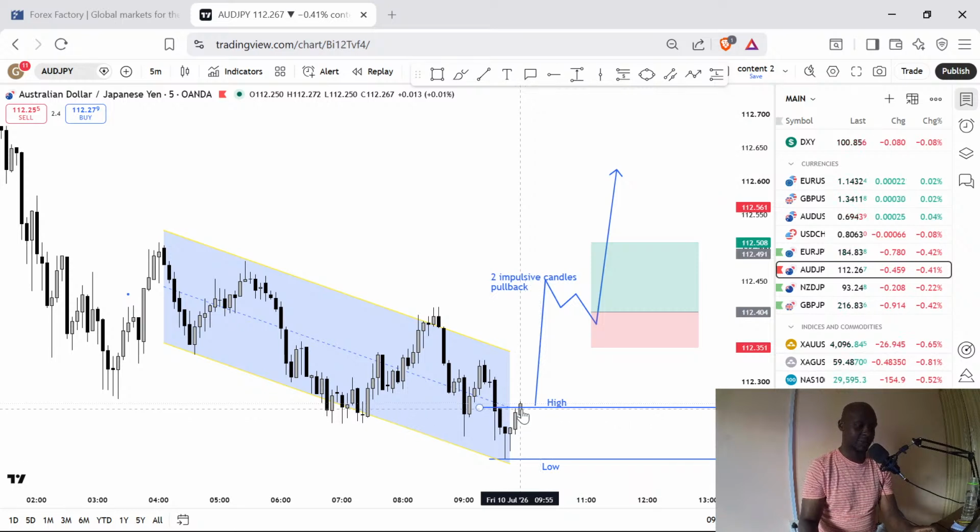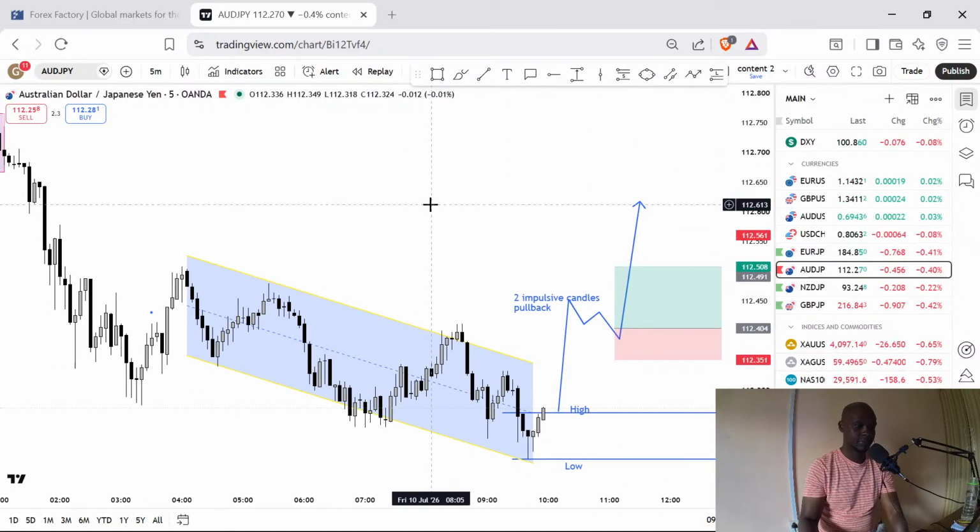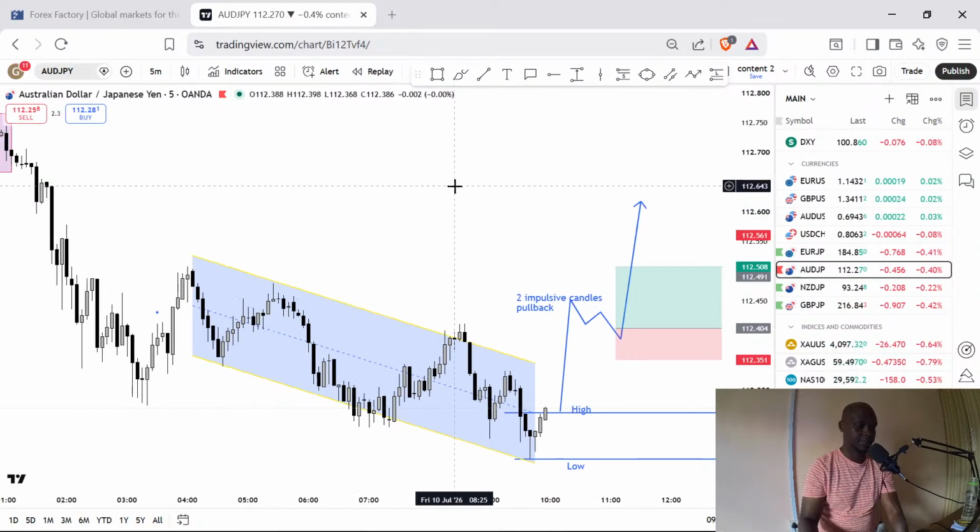Now this candle, we still have a long way before it closes, but ideally what I like to see is strong bullish candles breaking outside of this high. So that is something we want to wait and see if we're going to get. ODJPY will now be the focus for the next 1 hour.